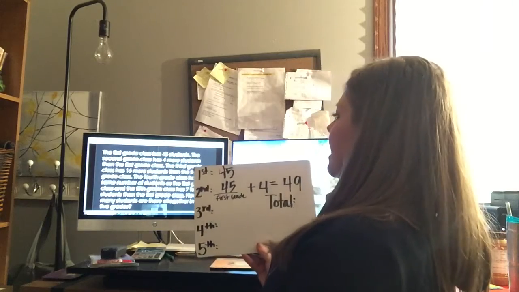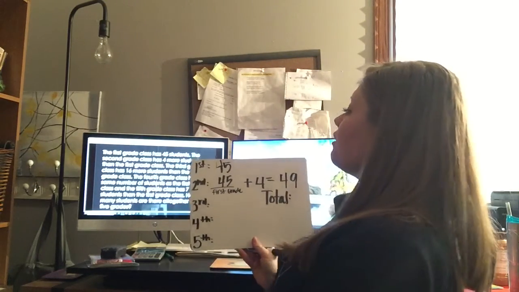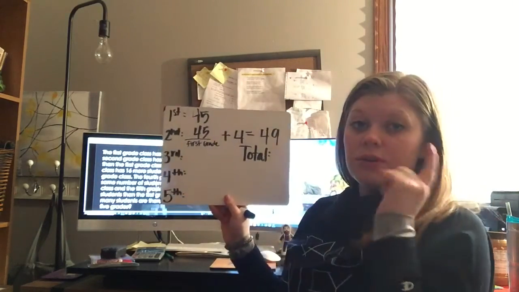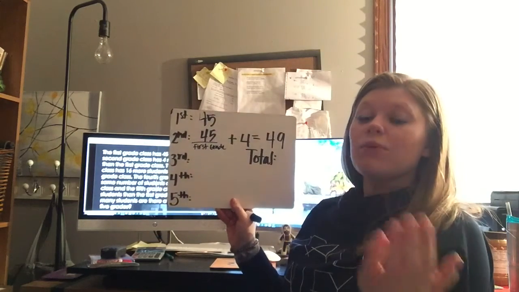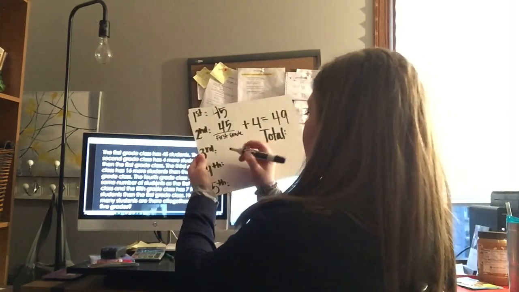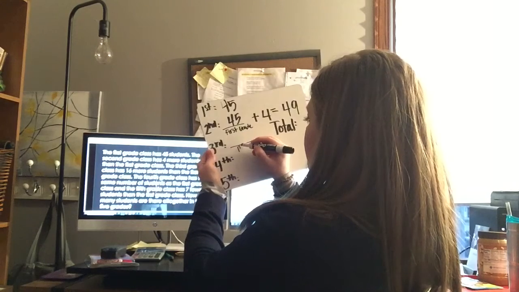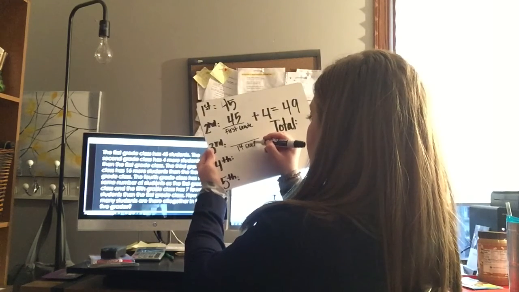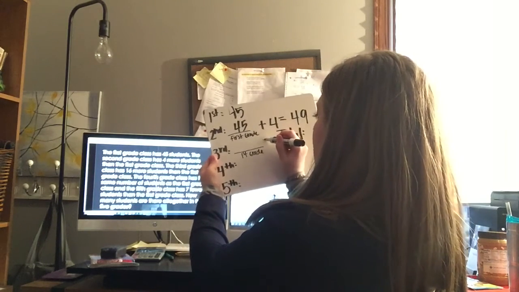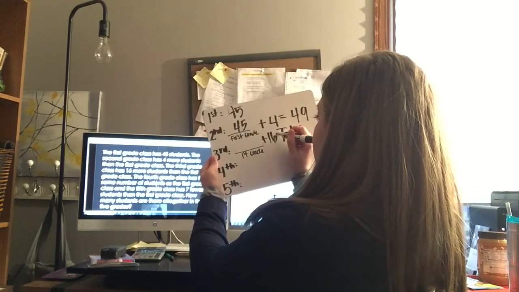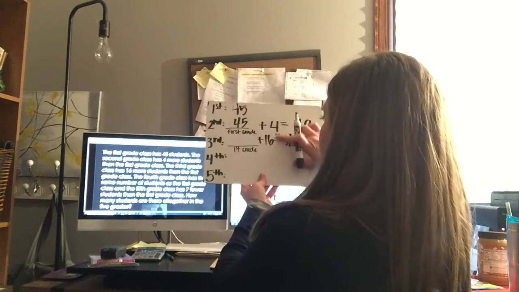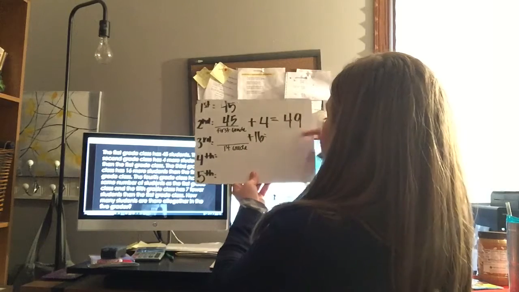The third grade class has 16 more students than the first grade class. So listen to that carefully. They have 16 more than first grade. So again, I'm going to draw a line here. This is whatever first grade was. They had 16 more than that. So we're adding 16. I'm going to get rid of this total here. I'll put it somewhere else.